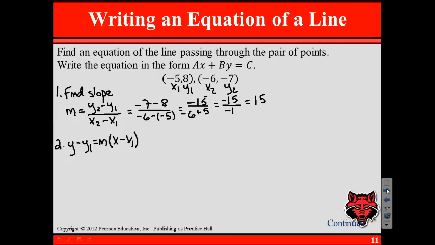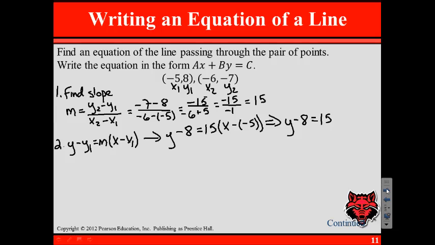Let's plug in our information. We know x1, we know y1, and we know m at this point. So y minus 8 equals 15 times x minus negative 5. Remember, when we are subtracting a negative, that's the same thing as adding the positive.